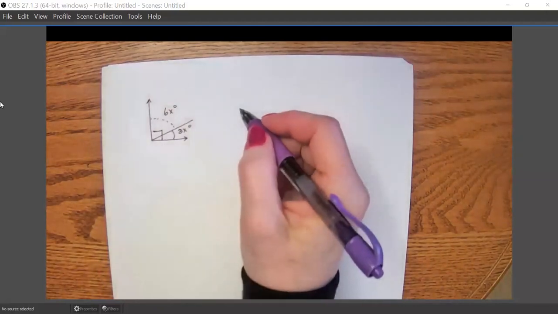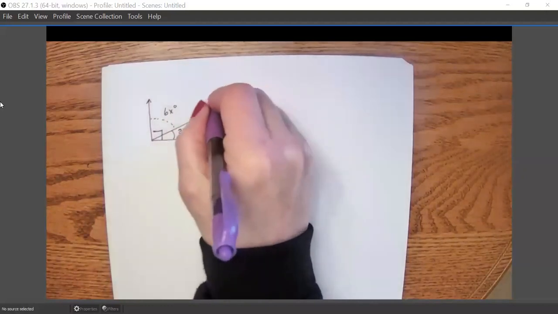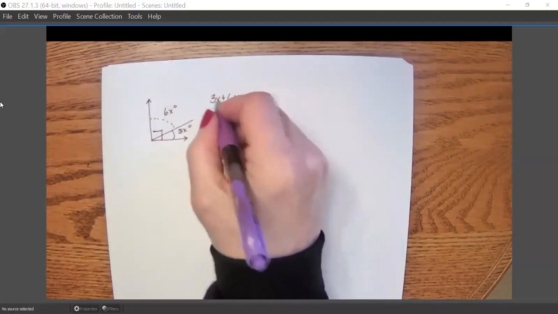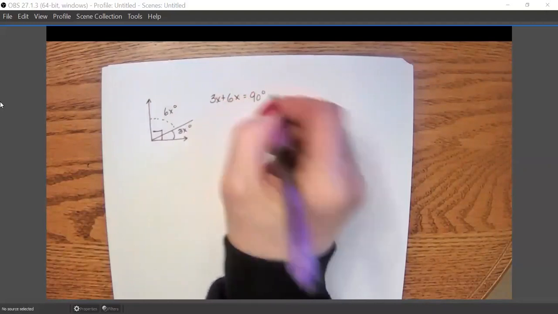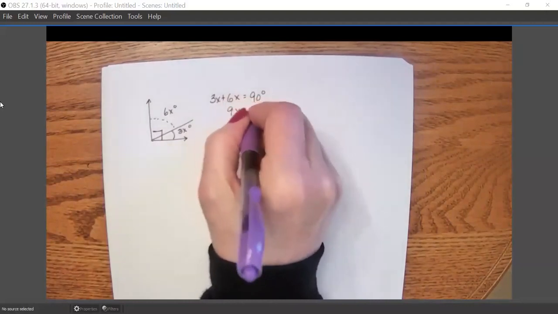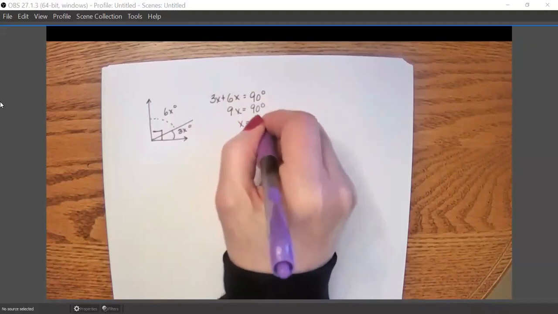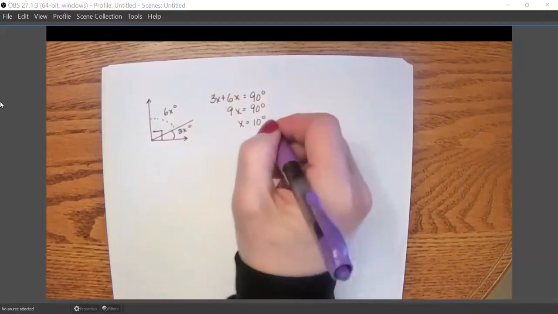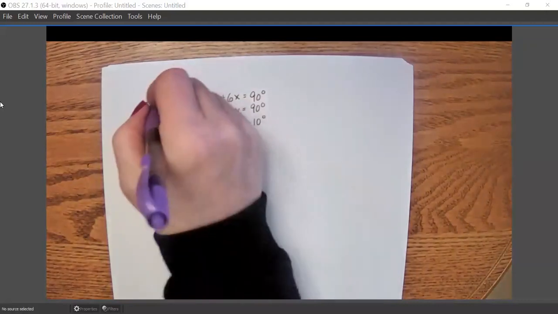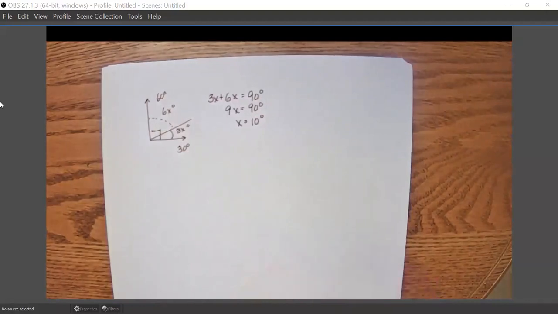Together they add up to 90 degrees. So 3x plus 6x has to equal 90 degrees. Combining like terms, we get that 9x equals 90 degrees, so x is going to be 10. So this first angle would be a 30-degree angle, and this second angle would be a 60-degree angle.